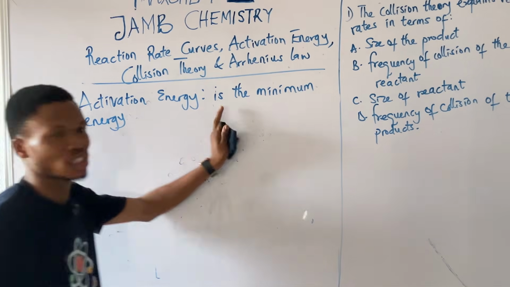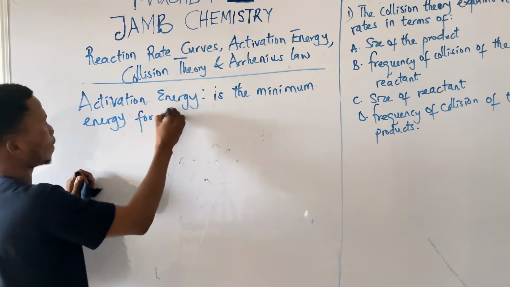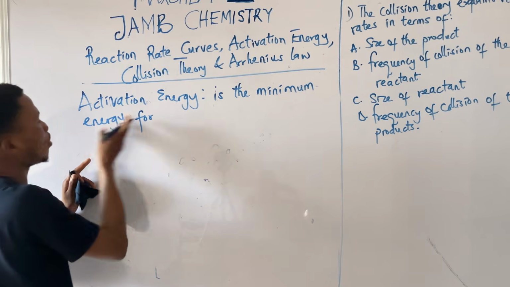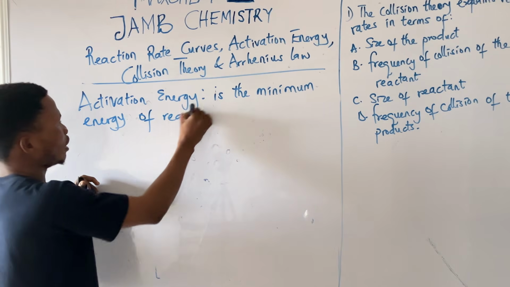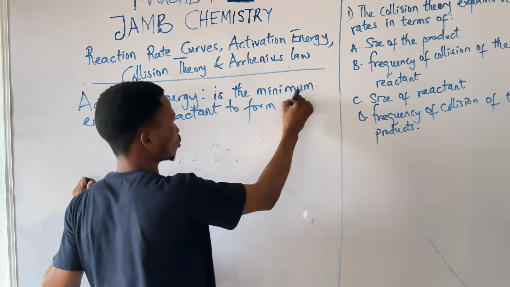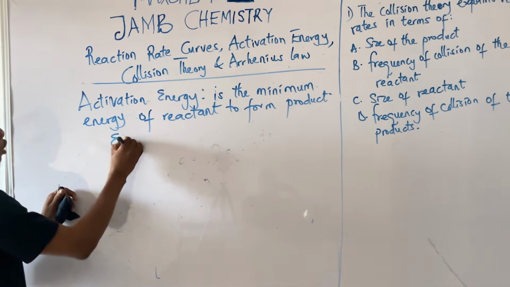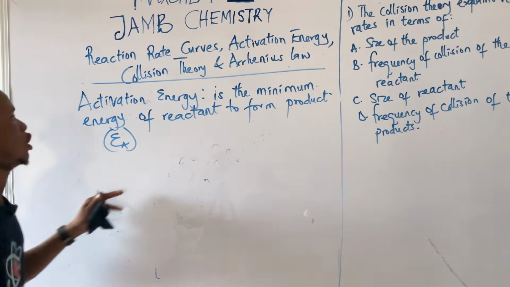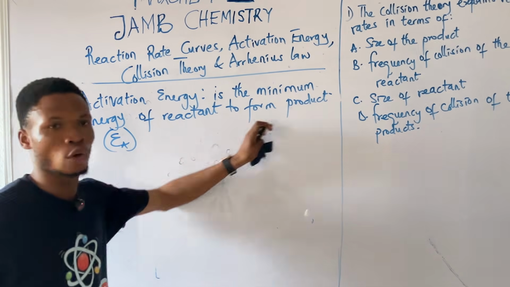So activation energy is the minimum energy of reactants to form products. So we call it activation energy. We denote it like this. So I said it is the minimum energy of reactants to form products.